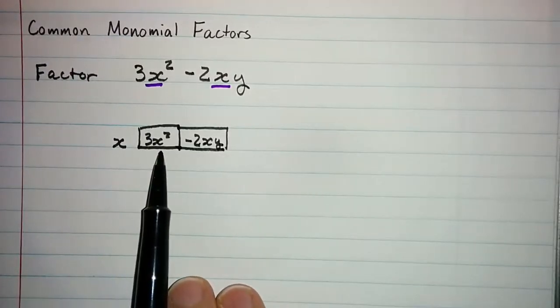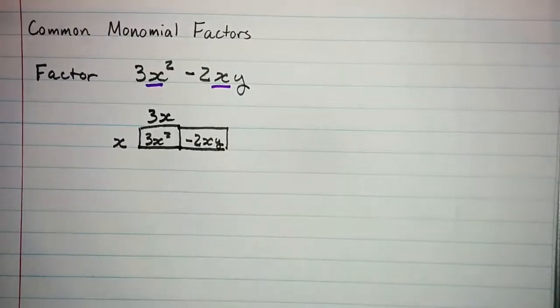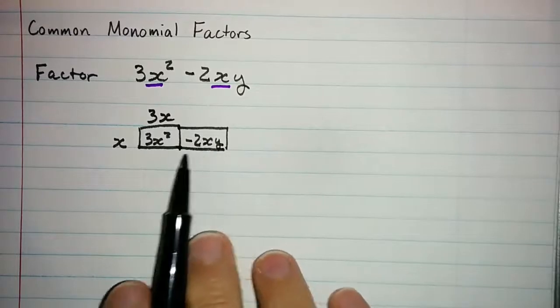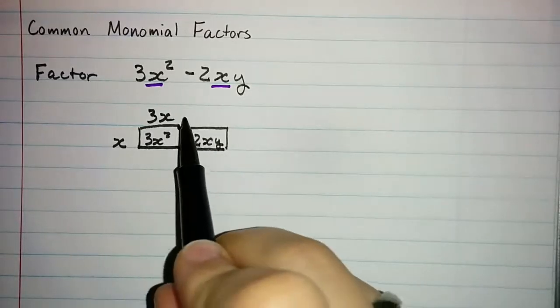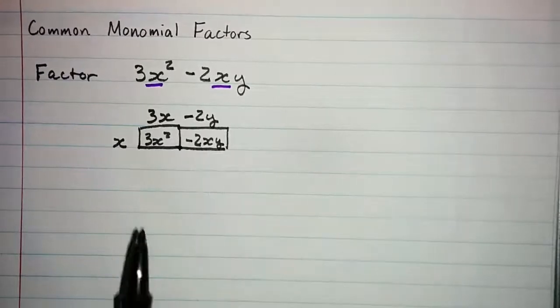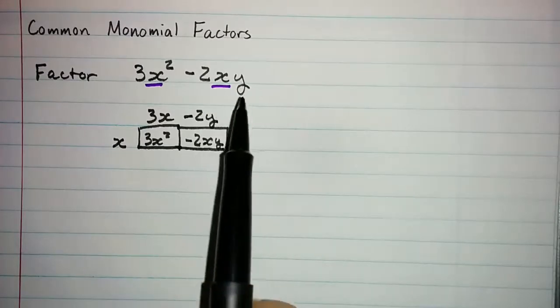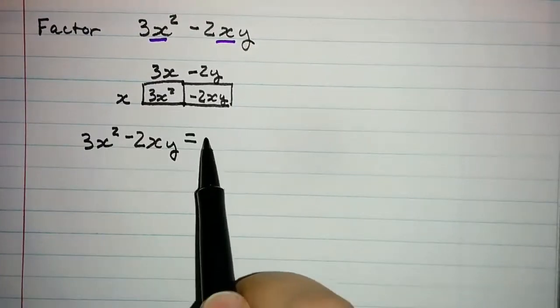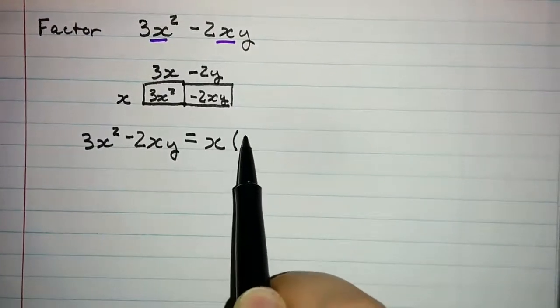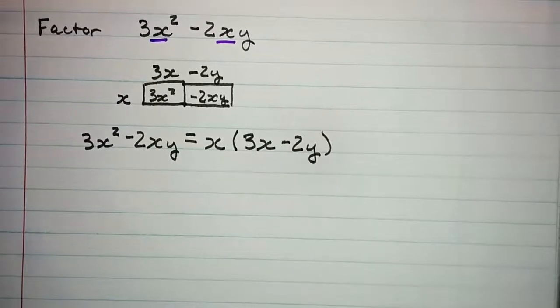What times x gives us 3x squared? 3x times x gives us 3x squared. What times x gives us negative 2xy? Negative 2y times x gives us negative 2xy. What does that mean? That means that our original polynomial is equal to x multiplied by 3x minus 2y.